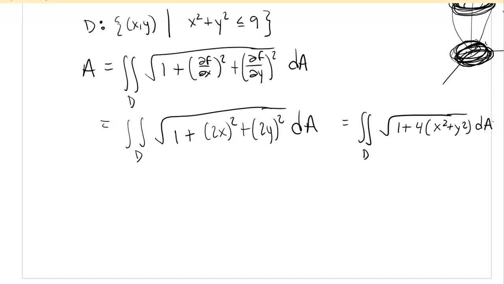You might be thinking, how is the best way to approach this double integral? I'm hoping you're thinking along with me that polar is the way to go.